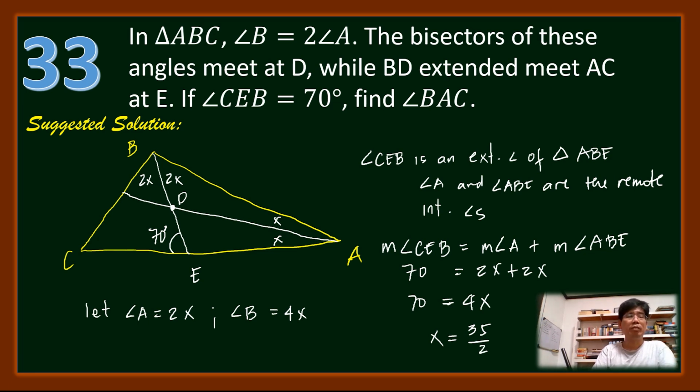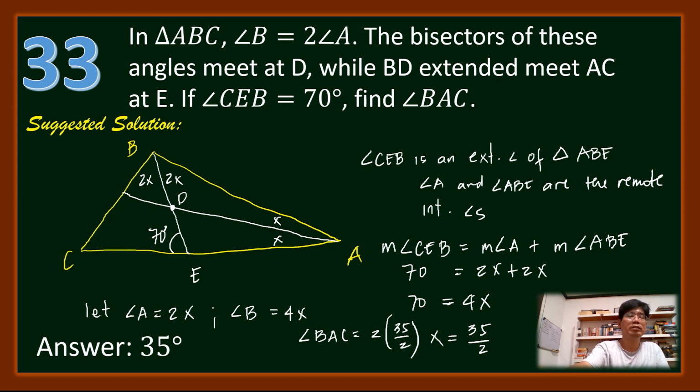And since the measure of angle A, which is also the measure of angle BAC, is equal to 2x, then the measure of angle BAC will be 2 times 35 over 2. And this is equal to 35 degrees.